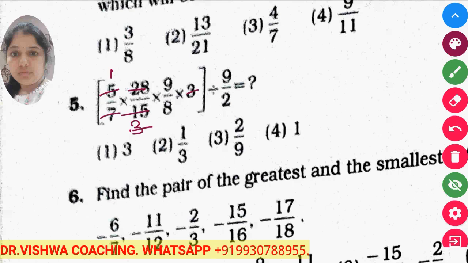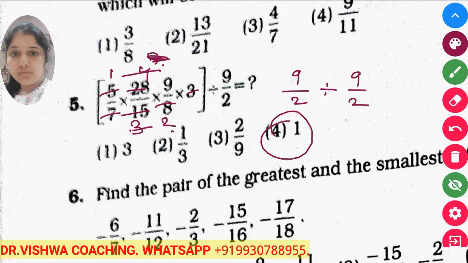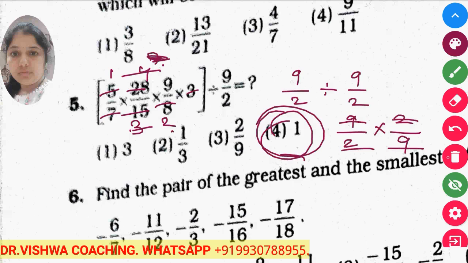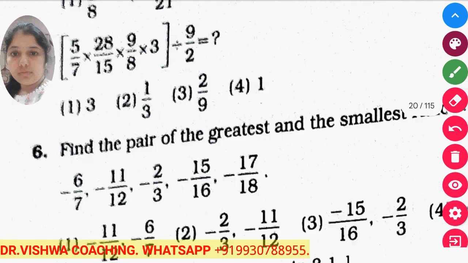Okay. 7 fours are 28 and 4 twos are 8. Okay. So what remains inside the bracket? 9/2 divided by 9/2 means what? 1. Because it is like this: 9/2 multiplied by 2/9. The 2s and 9s get cancelled. So the answer is 1. Okay.